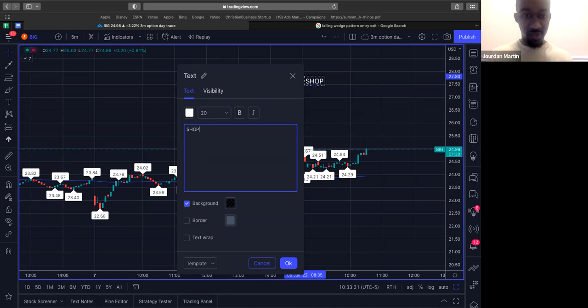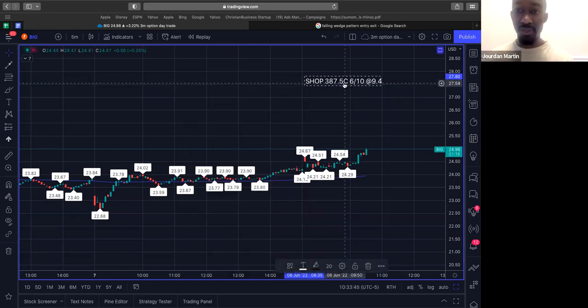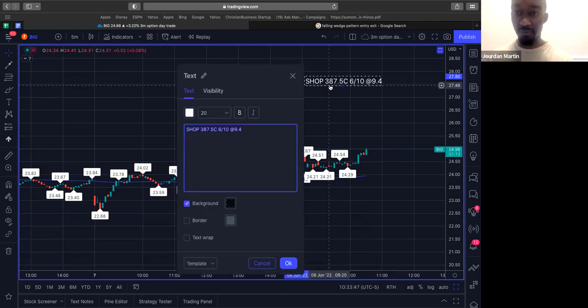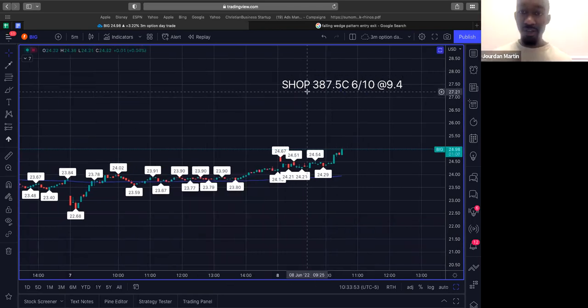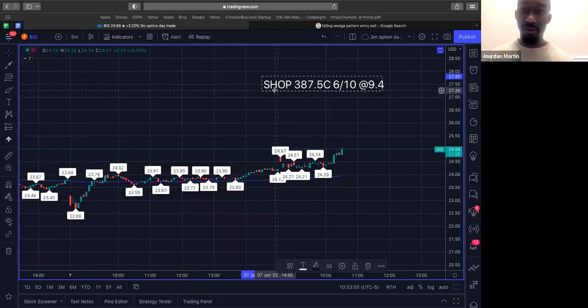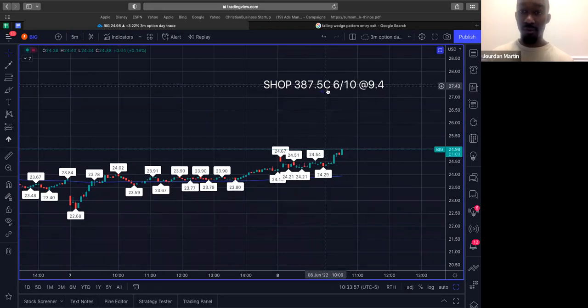So somebody asked how to read this, 9.4. That's how I structure my call outs in the group. Let me make it bigger real quick. Bang. All right. So what we have right here is the stock, strike, call or put.